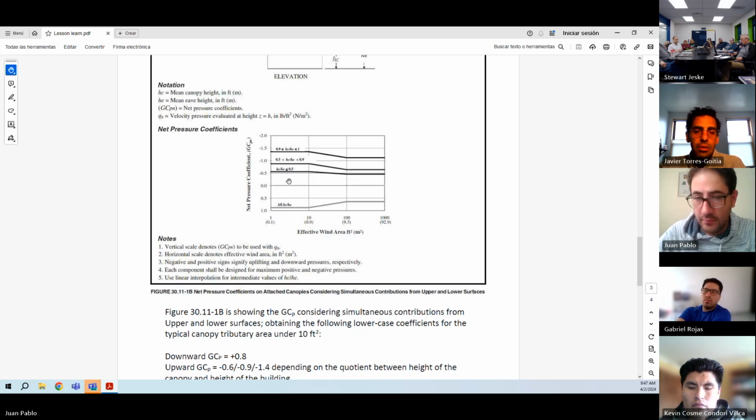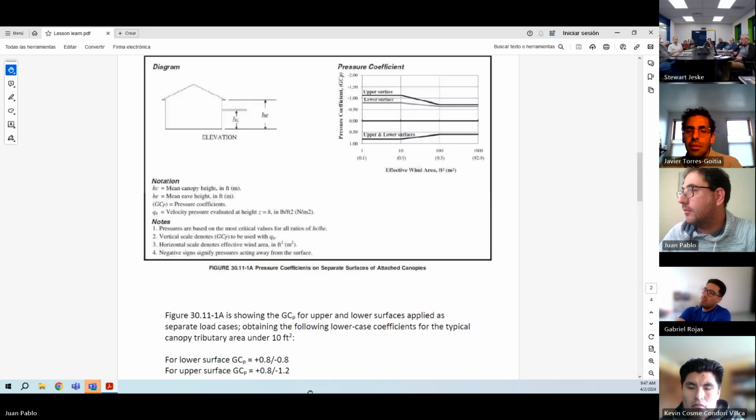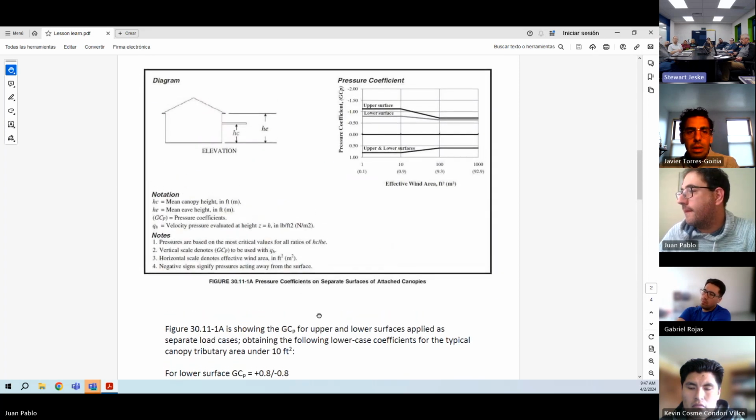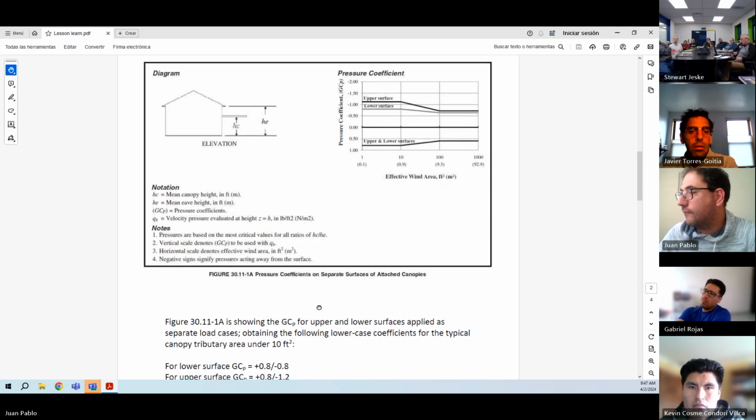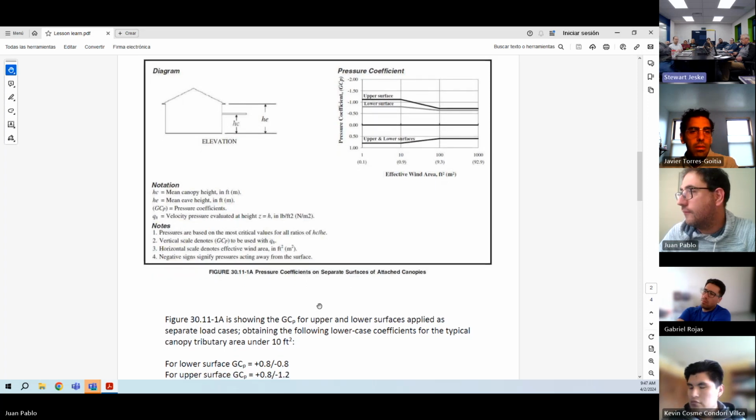Right. Back up to the previous coefficients. Are these individual, then? So that you would have to find what the negative uplift is on top of the canopy and then combine that with a positive that is down on the lower surface of the canopy? I was thinking that you have different load cases.